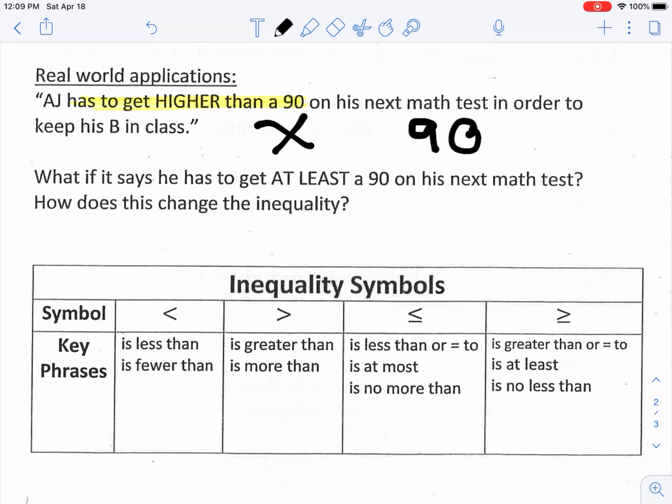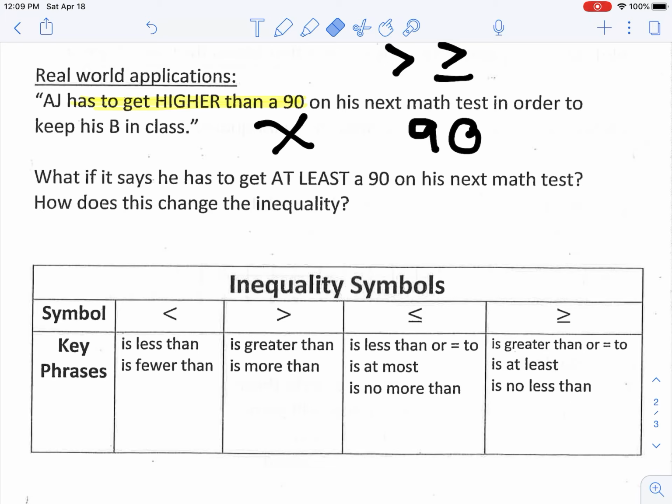So let's think about what inequality we're going to choose. Is it going to be less than or equal to, greater than or equal to? He has to get higher than a 90. Well, he can't get less than a 90, so I'm going to erase that as a choice. He can't get less than or equal to a 90, so that's not a choice.